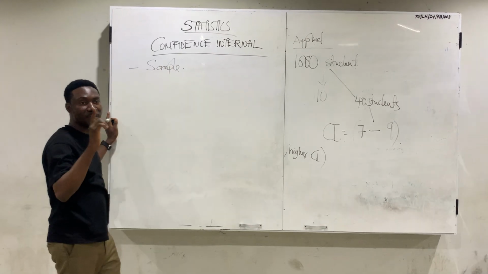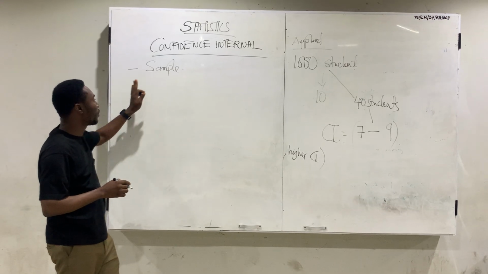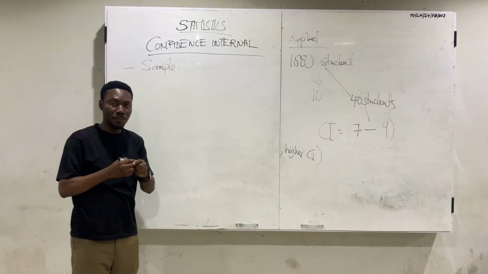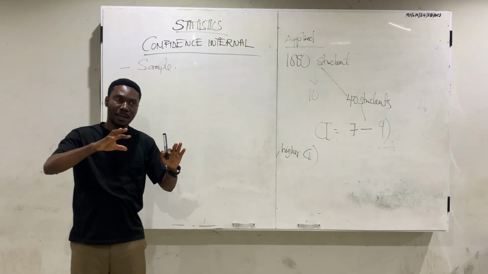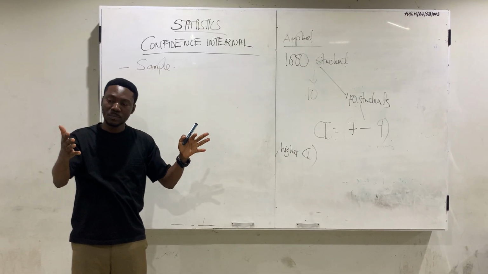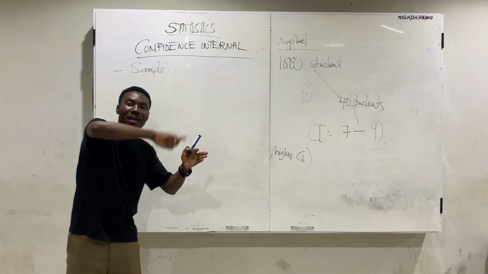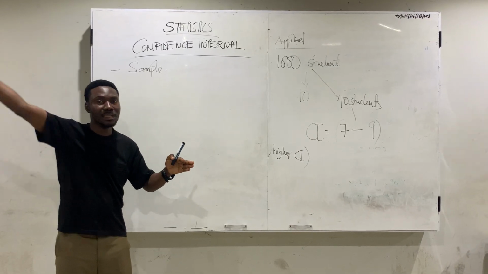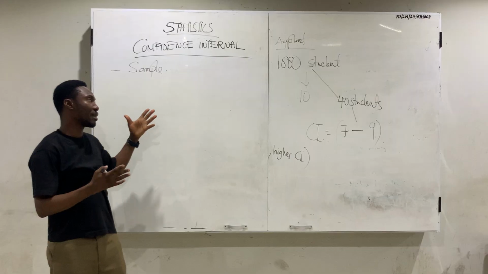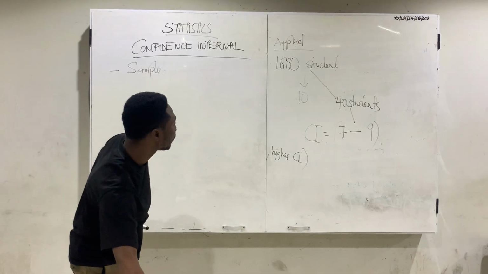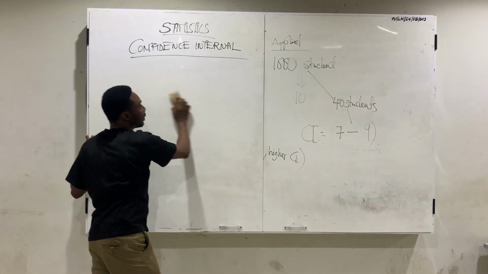That is the first thing that you have to know. But after working with a sample, the final confidence interval you get, you use it to make an inference to a population data. Is that okay? That is one thing that you have to note in confidence interval.